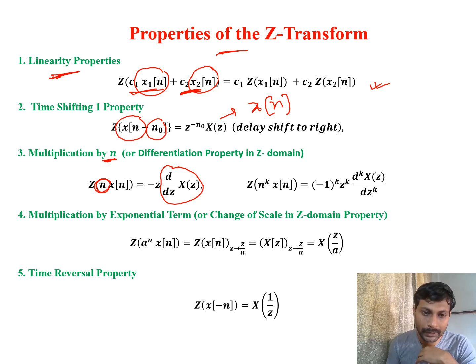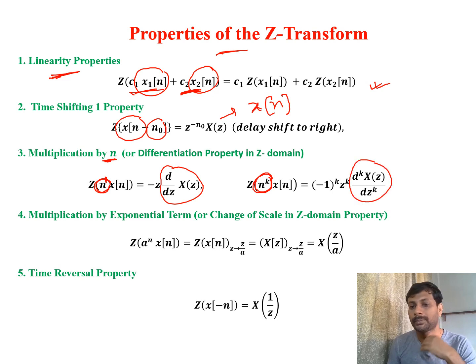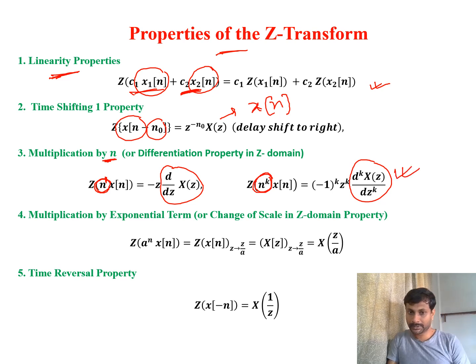If you want to generalize this equation and you have a power of n, then you have to take the differential of that order of X z, and multiply by minus 1 to the power of that factor and z to the power of it. Generally you will not get this very complex problem; generally this type of problem comes.